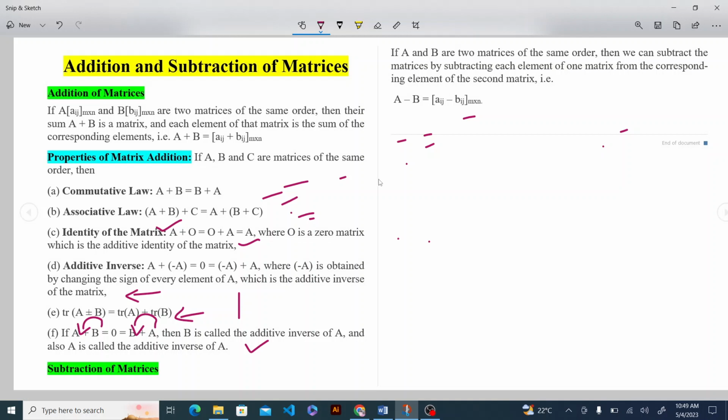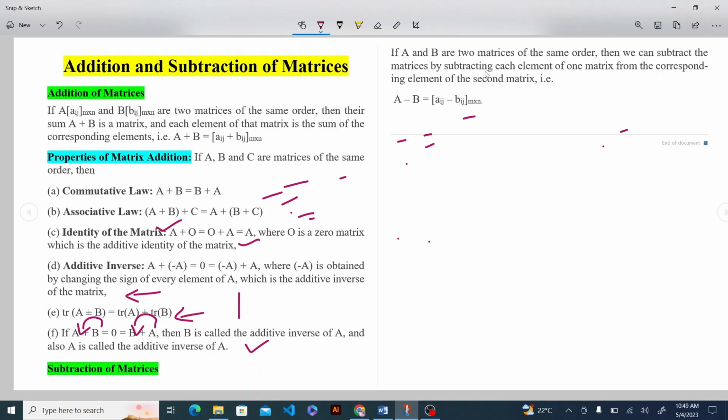So let us read the definition first. Definition says if A and B are two matrices of the same order, then we can subtract the matrices by subtracting each element of one matrix from the corresponding element of the second matrix.